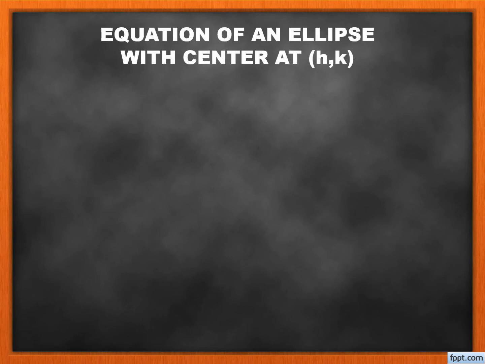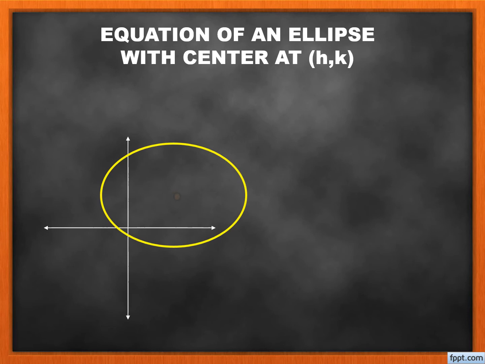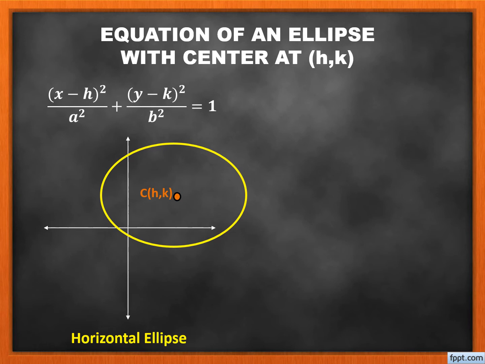Now let us have the equation of an ellipse with center at (h, k), or if the center is not on the origin. If your ellipse is horizontal, then the equation of the ellipse is given by (x minus h) squared over a squared plus (y minus k) squared over b squared equals 1.